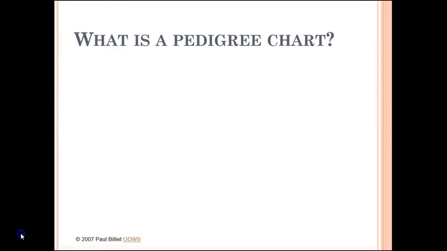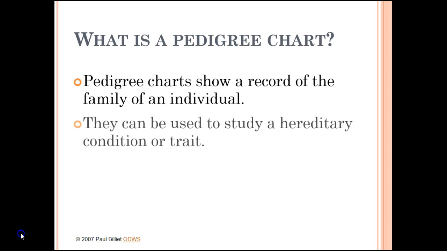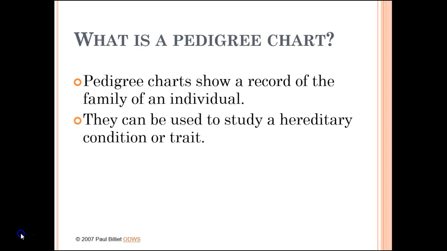So what exactly is a pedigree chart? Well, a pedigree chart shows the record of the family of an individual, and they can be used to study hereditary conditions or traits. Pedigree charts are usually used more to study the inheritance of genetic diseases.